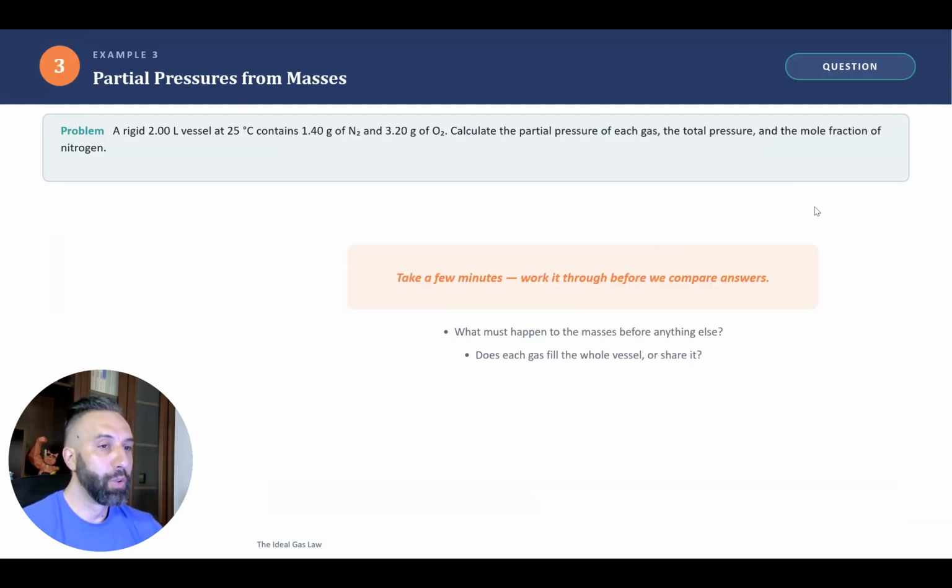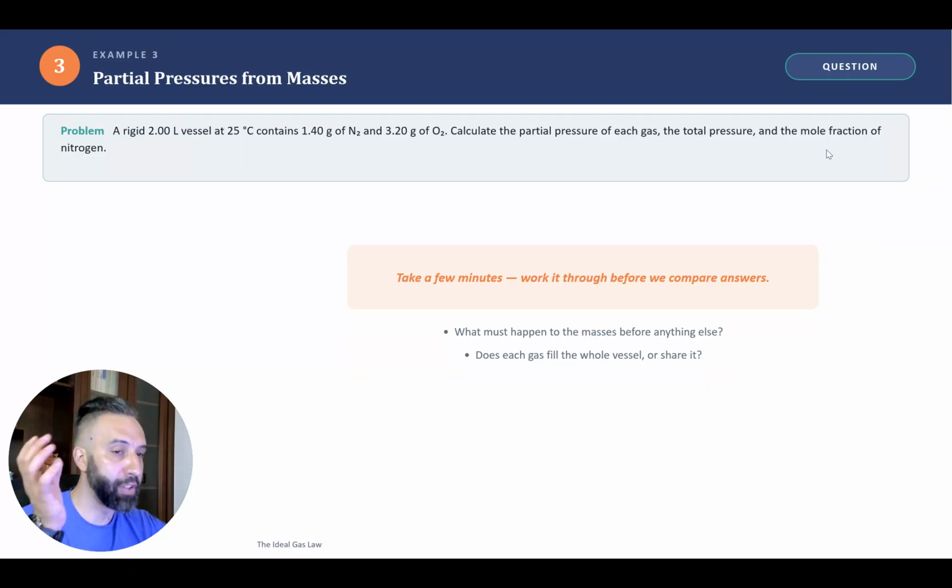A rigid 2-liter vessel at 25 degrees Celsius contains 0.4 grams of N2 and 3.2 grams of O2. Now you have grams here, but remember, you can always use the periodic table. You can turn this into moles very easily. Calculate the partial pressure of each gas, the total pressure, and the mole fraction of nitrogen.